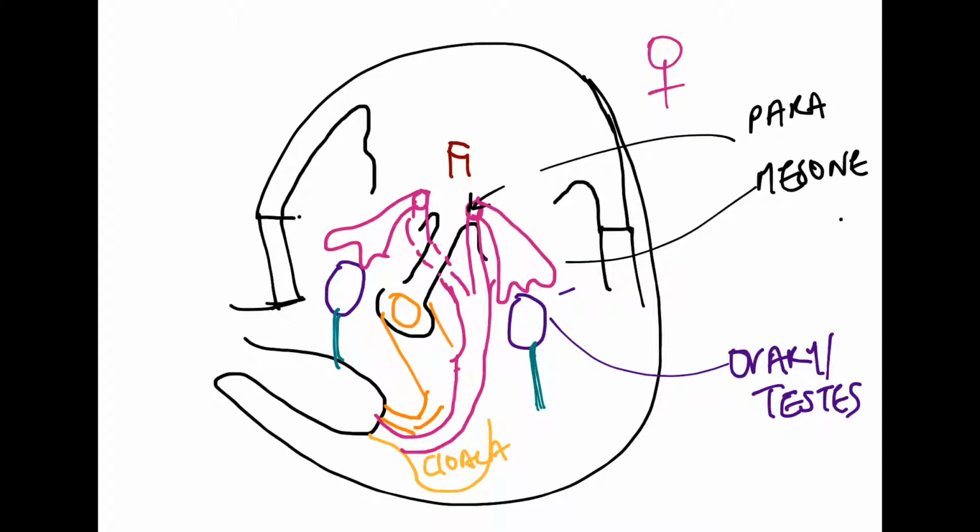So we don't have both pee and poop mixing together. And the mesonephros, which was degenerated, becomes the oophoron or the paroophoron.